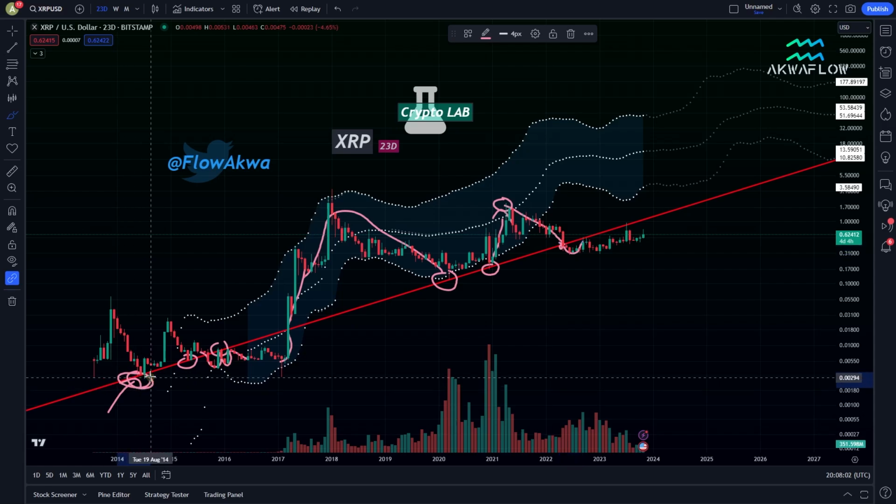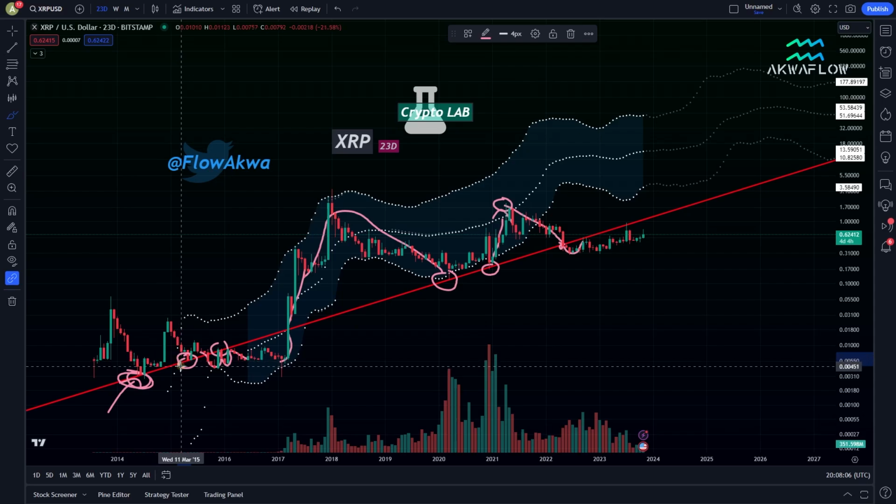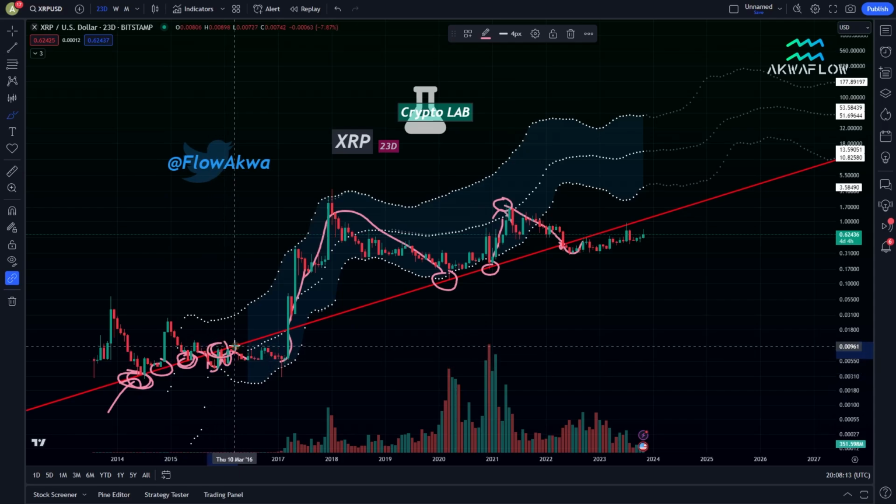We have our bottom on the line. Then we used it as a support multiple times before the breakout and we started using it as a resistance. Here we have our bottom, support, breakout and resistance.